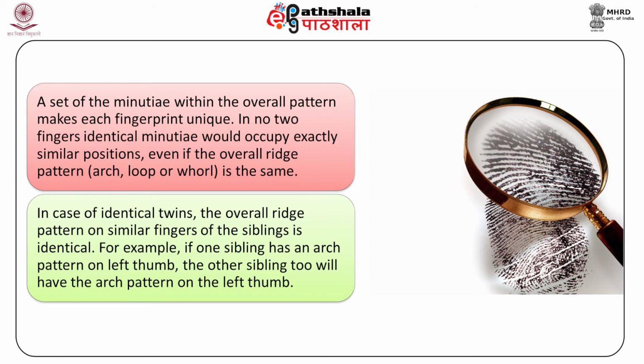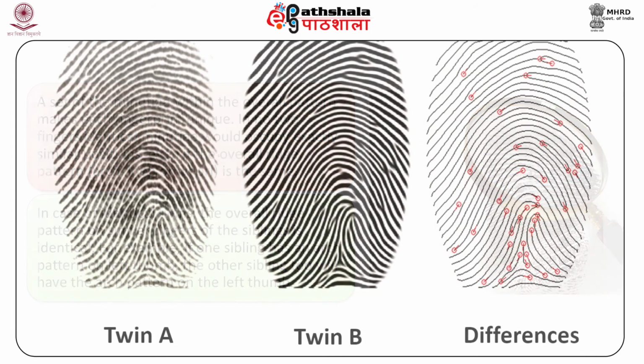For example, if one sibling has an arc pattern on the left thumb and the other sibling too has the arc pattern on the left thumb, nevertheless, the location of minutiae in the two fingers will vary. Thus, even identical twins can be individualized by fingerprints.